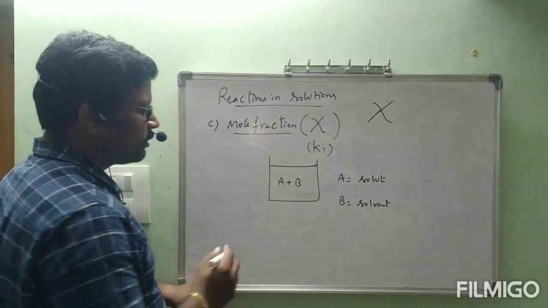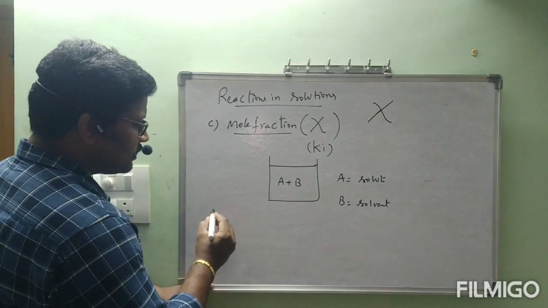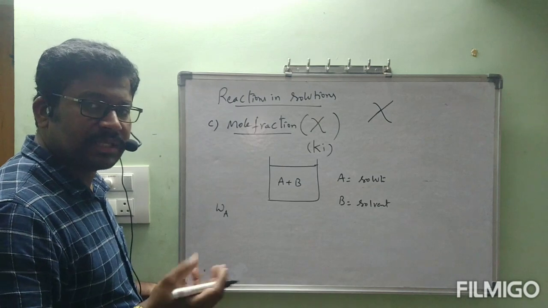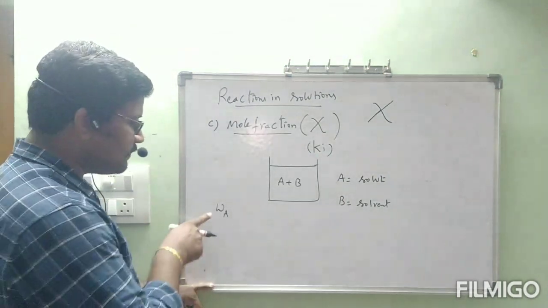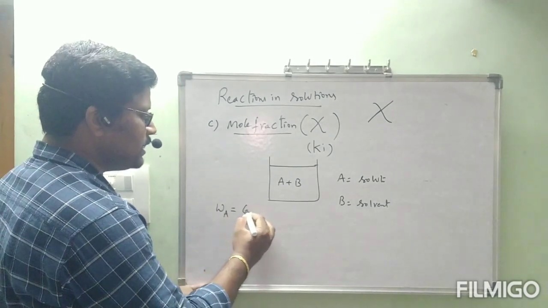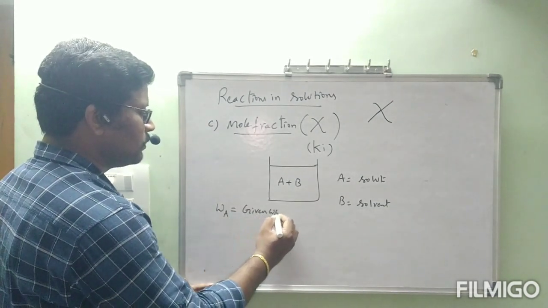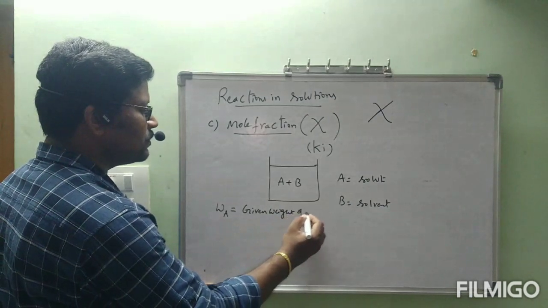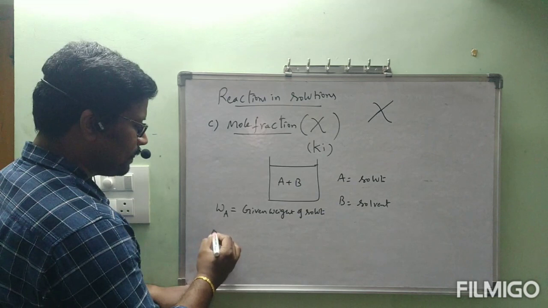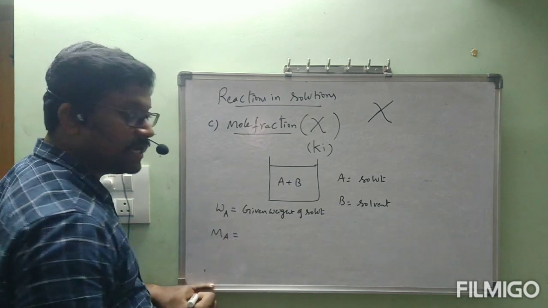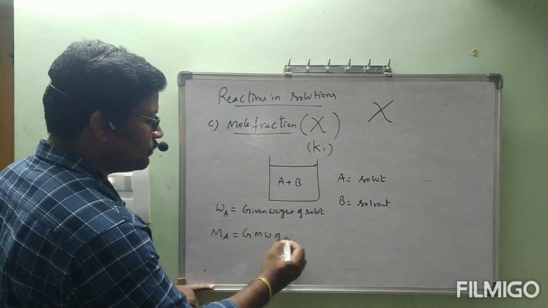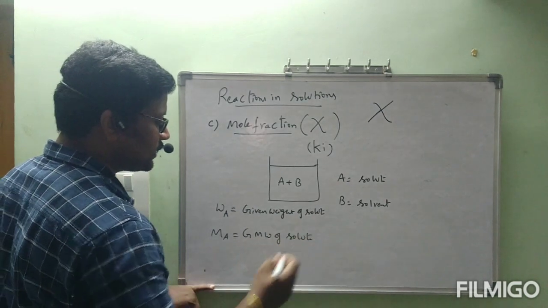Now, definitely some amount of A we will take, a given mass, given weight of A. Wa is equal to given weight of solute. Next, Ma is equal to gram molecular weight of solute. Correct?